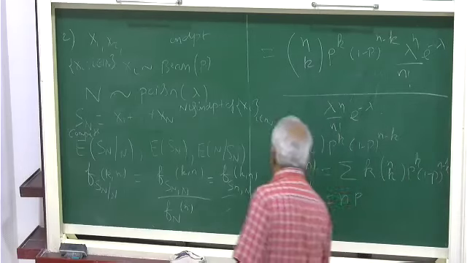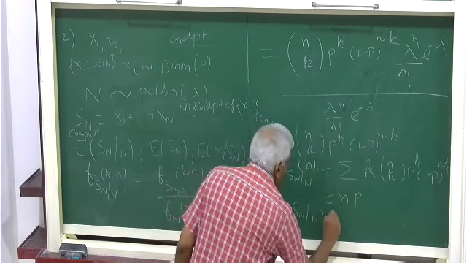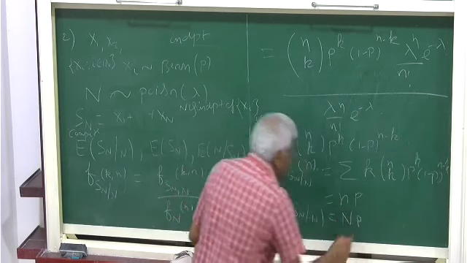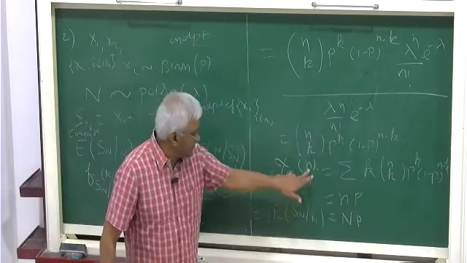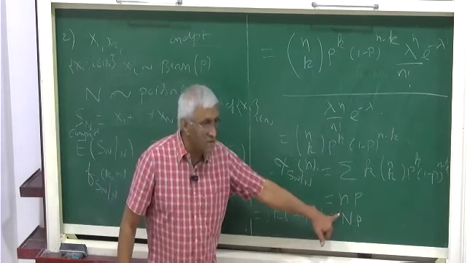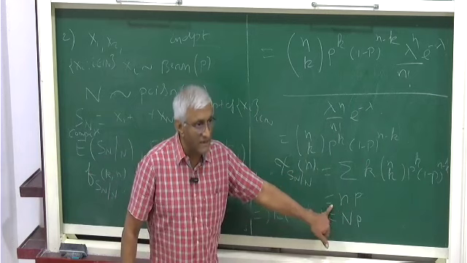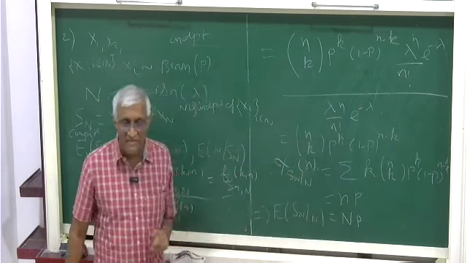This implies E of Sn given n is just n times p. Now it's a random variable. This is just a function of n, so for conditional expectation you just insert the random variable with respect to which you are conditioning. I have just inserted it, that is np.